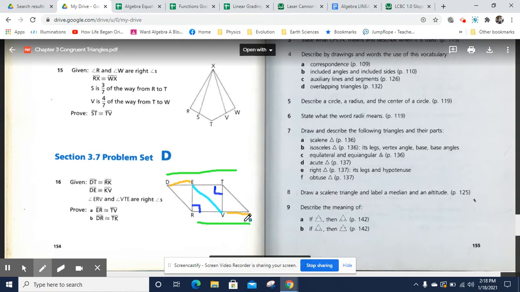I know this and this longer thing are congruent. I know this short thing and this short thing are congruent. So if I could use subtraction to prove that RV and ET are congruent, and I know that EV is congruent to itself, I'll have a hypotenuse leg proof that I can use.